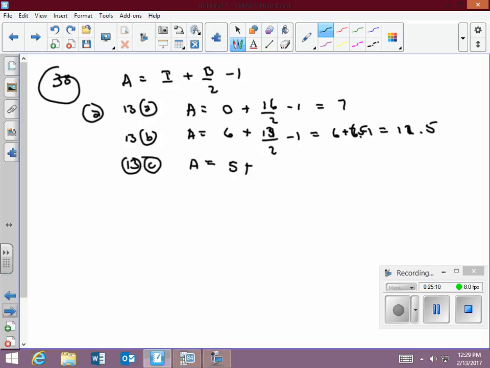How many on the border? 16. Divide that by 2, and then minus 1. So we got 12.